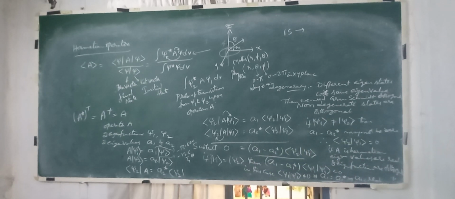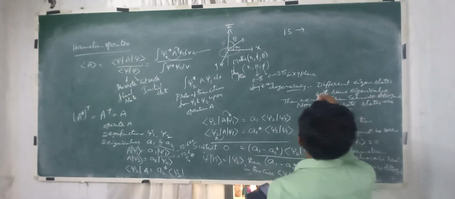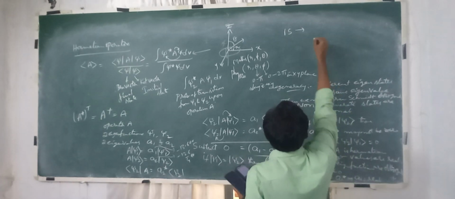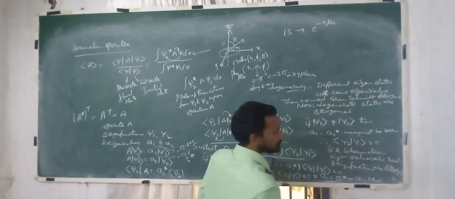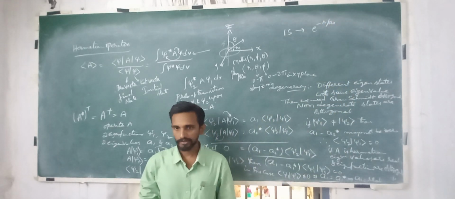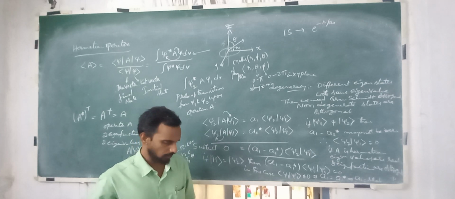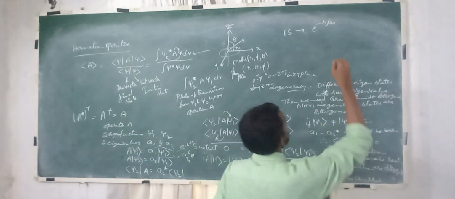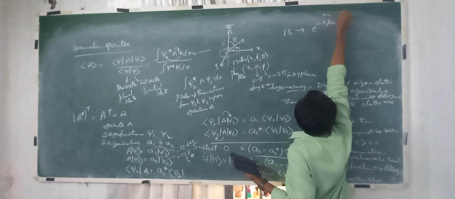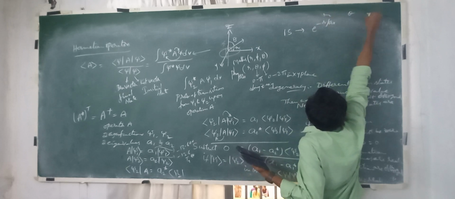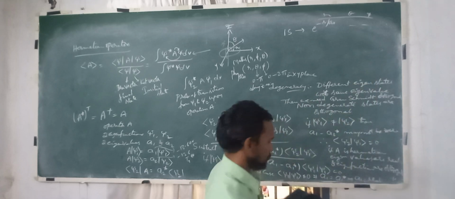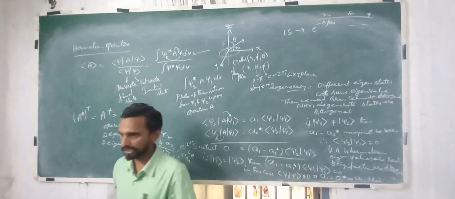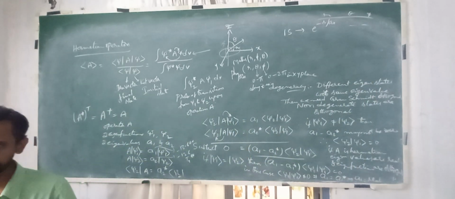So apart from constants, the 1s orbital is given by e power minus r by a naught. And there are no theta or phi parts. No theta. So this is r component, theta and phi components. There is no theta and phi components. So theta and phi can take any value.